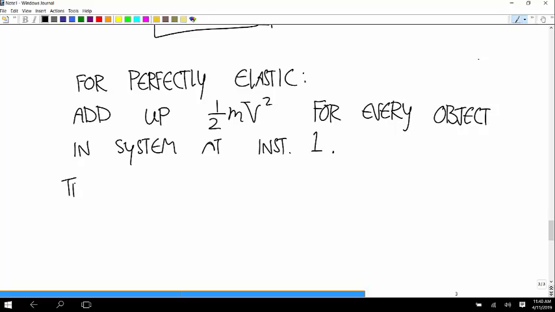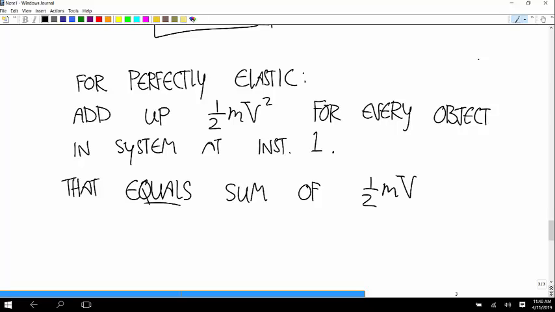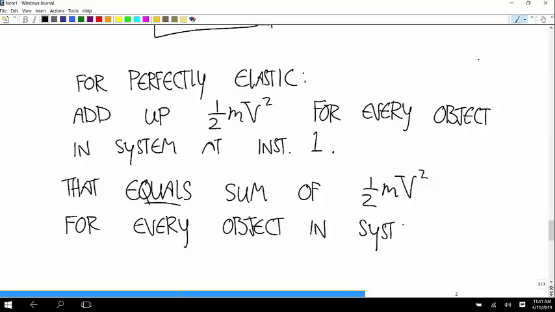And then that has to equal the sum of the same thing, 1/2 times the mass times the speed squared for every object in the system at instant 2. Okay, that's a messier equation, but it's still another equation that doesn't introduce any new variables, and so it lets you solve the system.